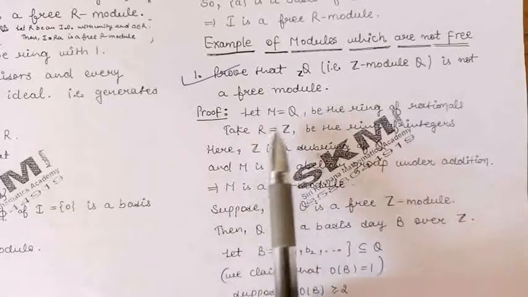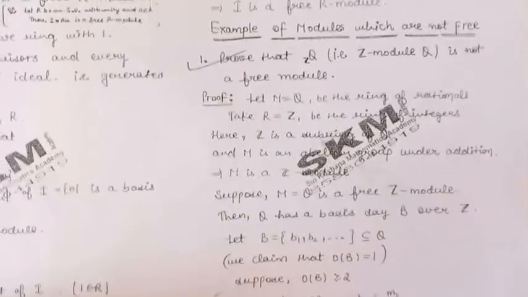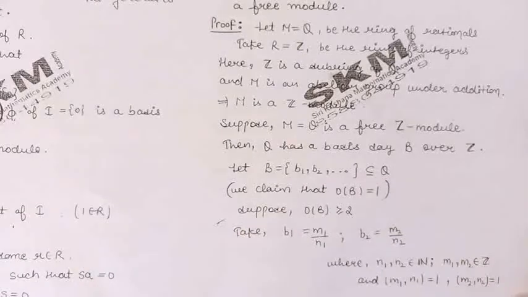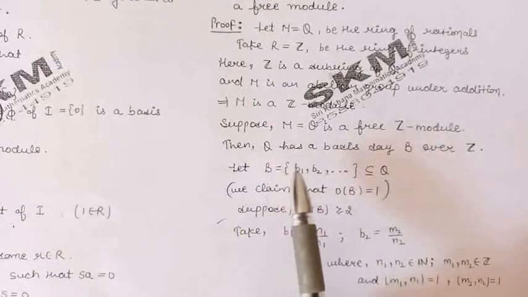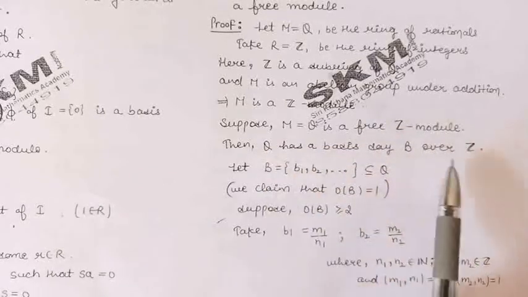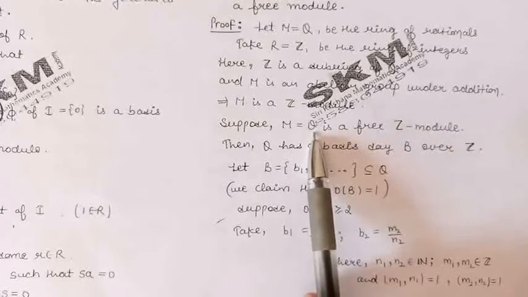Now we have to show that this is not a free module over Z. To show this, let us take a basis of Q over the ring of integers, because we will prove it by contradiction. So let us assume that Q is a free module over Z.